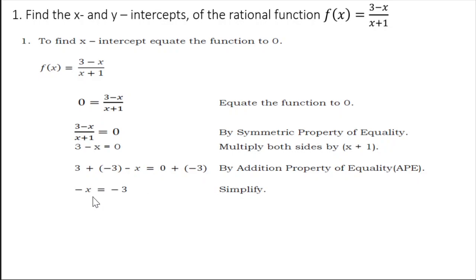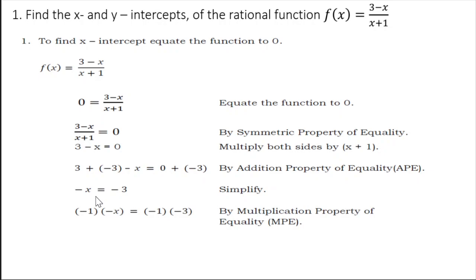Since we are going to find the value of x, but there the value of x is negative, we have to simplify. To simplify this, we multiply each side by negative 1 using the multiplication property of equality.